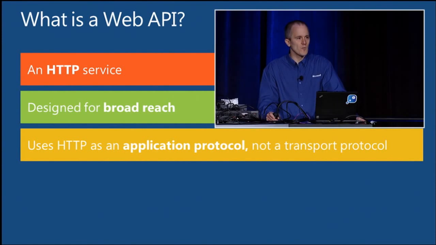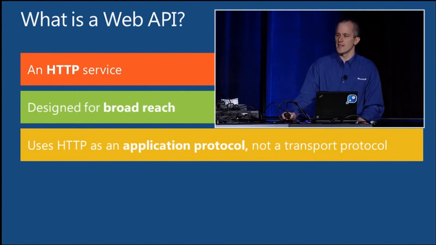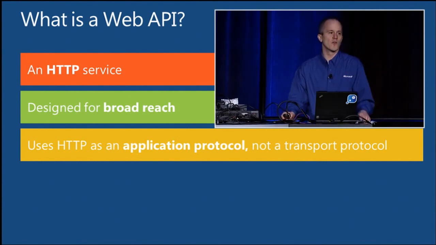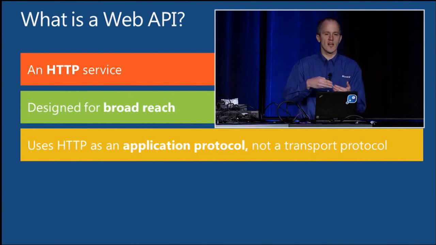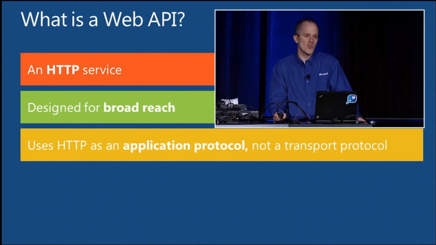And lastly, when you're building a Web API, you're typically trying to use HTTP as an application level protocol, honestly, as it was intended. This is different than, say, a web service, where a web service is actually using HTTP mostly as a transport to move around SOAP messages, and then the actions that you're actually trying to perform are encoded somehow in those SOAP messages as SOAP actions.